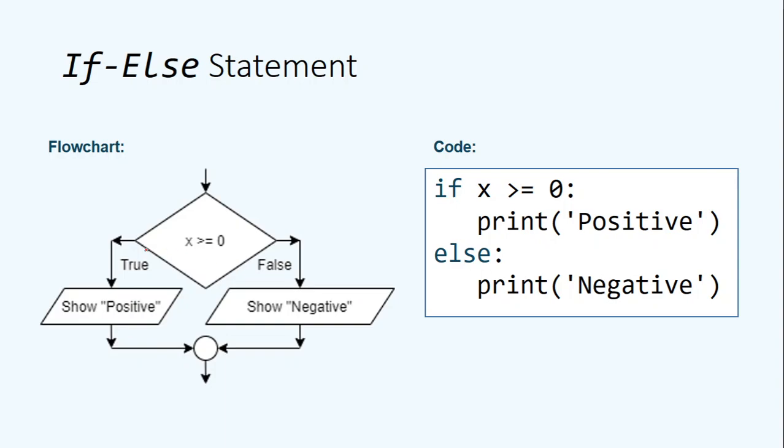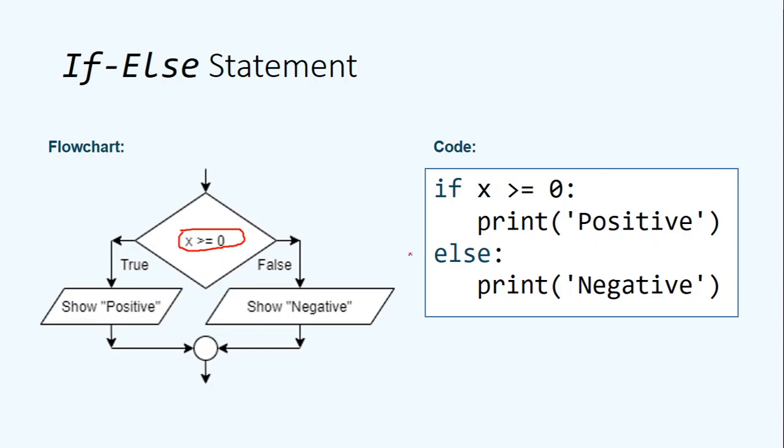If it's true, if you follow the flowchart, it will show positive. Otherwise, it will show negative. So depending on the outcome of this Boolean expression, it will execute different blocks of statements. In this case, it's either show positive or show negative.